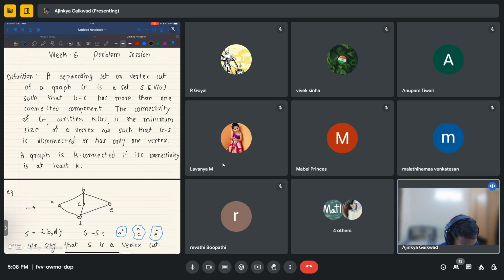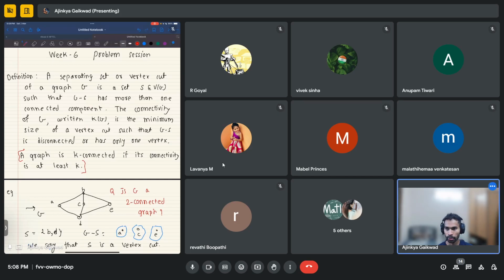Take this example of a graph G. Is this graph one connected? This is just a notation, but since I'm going to use it over and over again in this session, I need you to understand when I call a graph k connected. My first question: is G a two connected graph? Yes, the answer is yes.